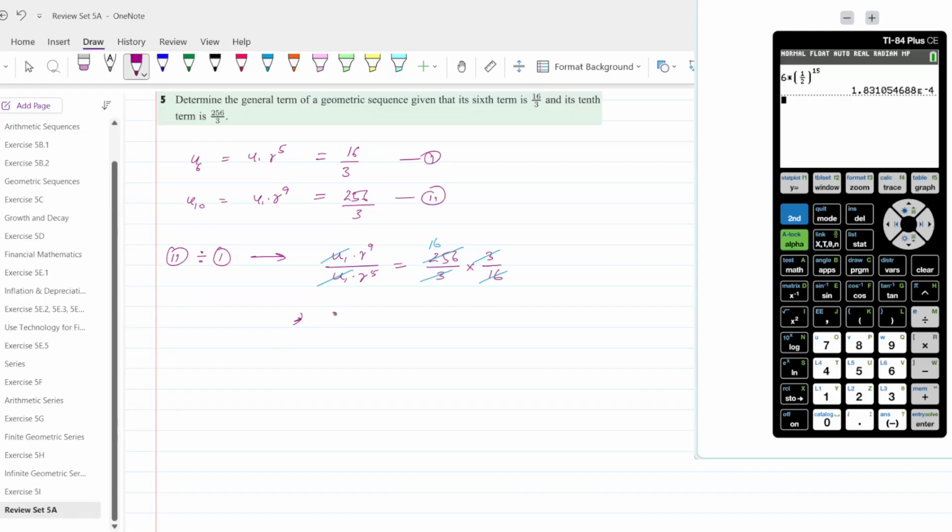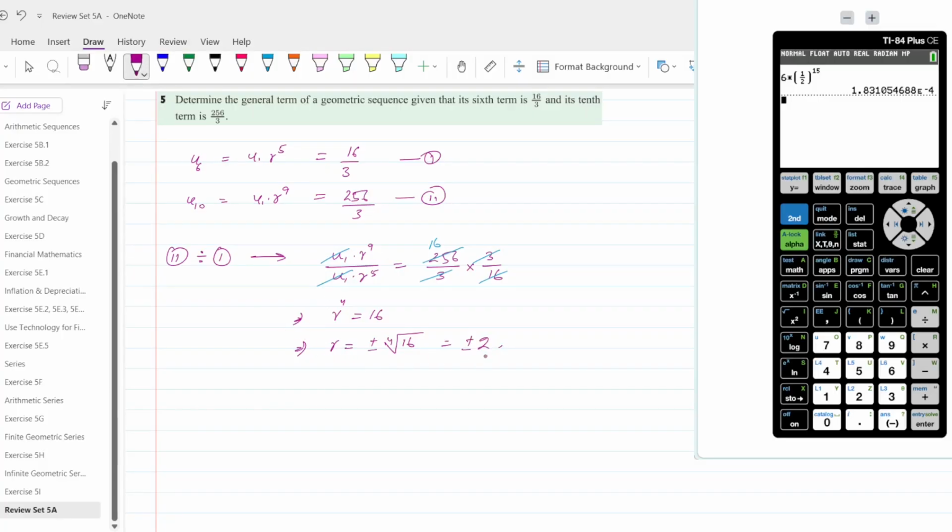So here we have r raised to the power 9 minus 5, that is 4, and this equals 16. So r can be written as positive or negative fourth root of 16, that is positive or negative 2.